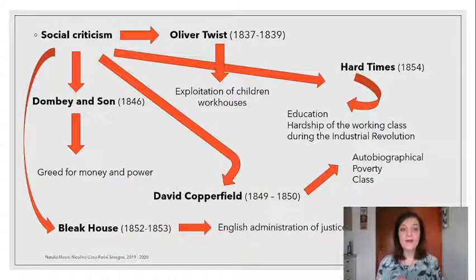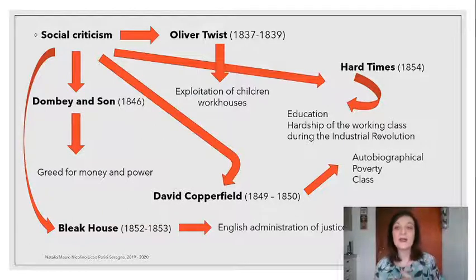Let's go, for example, to David Copperfield. As you know, because we have already stated it, it was one of his autobiographical novels, and Dickens himself stated that David Copperfield was very close to him, very similar to the young Dickens the child.